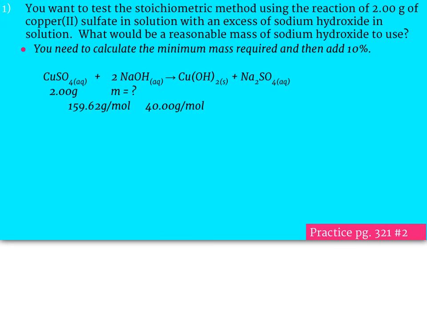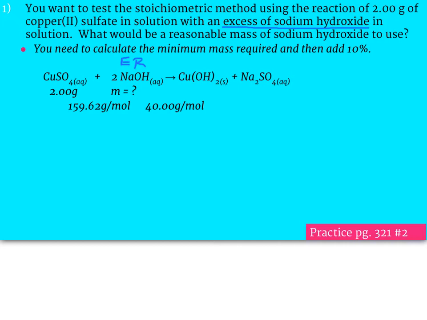So here's an example of what we just talked about. You want to test the stoichiometric method using the reaction of 2 grams of copper 2 sulfate in solution with an excess of sodium hydroxide solution. Since it says excess, I can put ER on top of my sodium hydroxide. What it's asking is what would be a reasonable mass of sodium hydroxide to use.